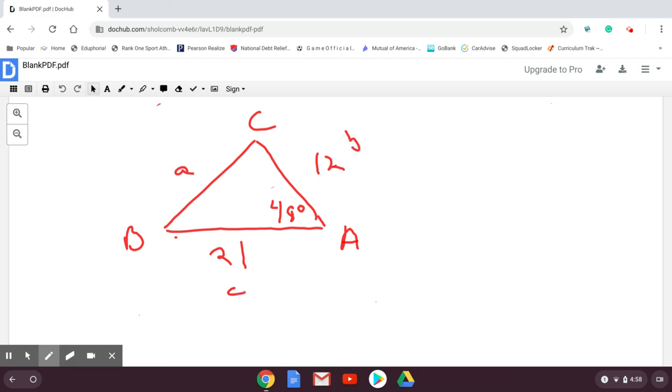So we're just going to plug it into our formula. A is equal to 1/2 the B side, which is 12. And then c sine of A, c is 21, or 21 sine of 48 degrees.